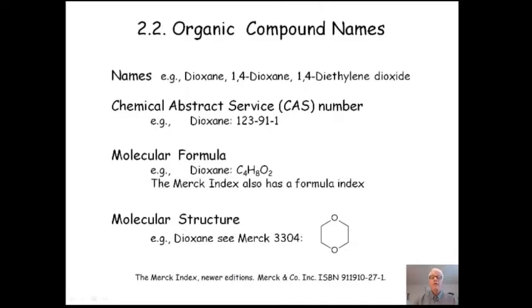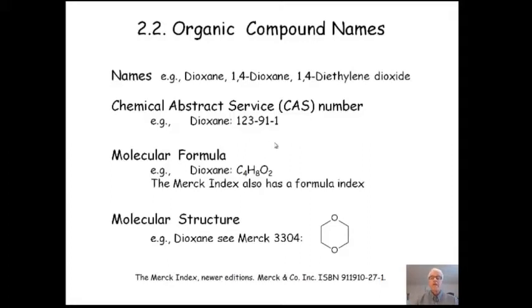Next problem is names. And we illustrate the problem here. A chemical called dioxane can also be called 1,4-dioxane, or it could be called 1,4-diethylene dioxide. So we can easily be confused by the different names. Chemical Abstract Service provides some clarity in that it assigns a number to each chemical. So if we know the CAS number, then we know the chemical for sure.